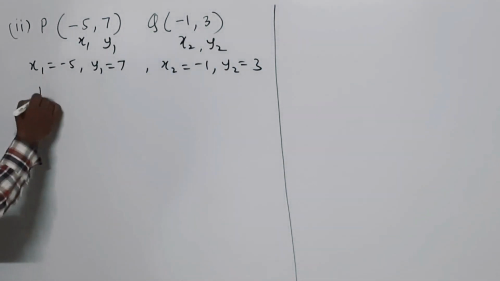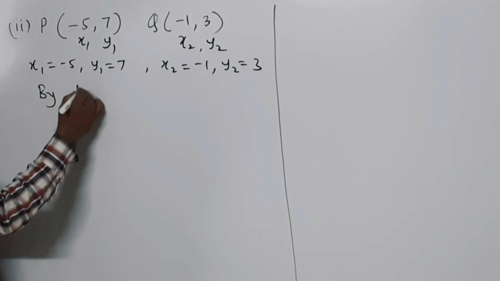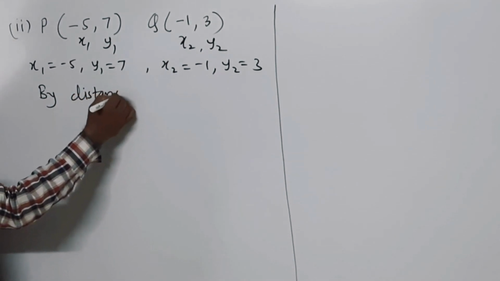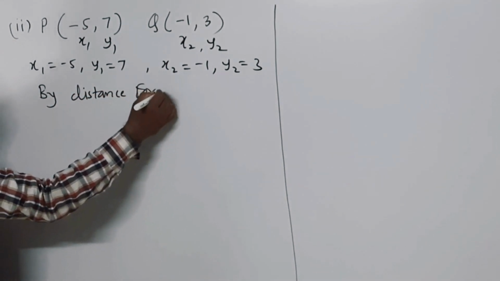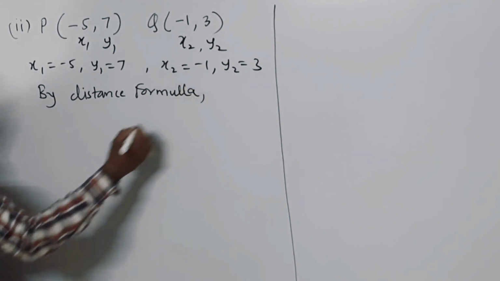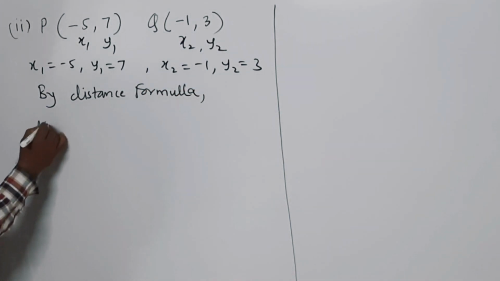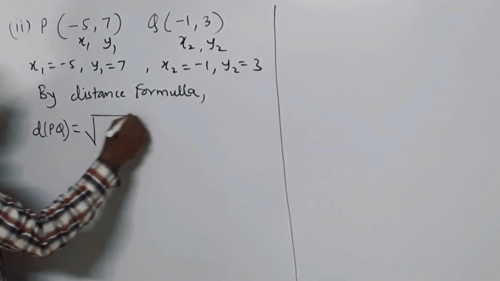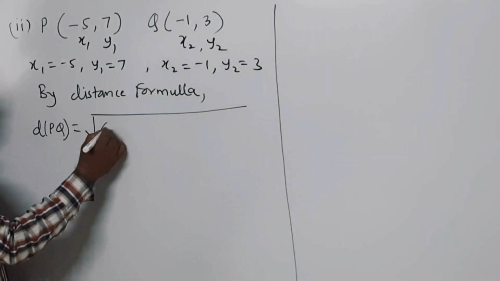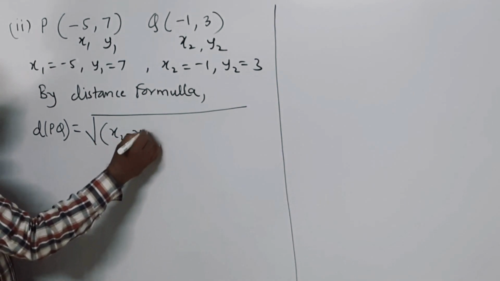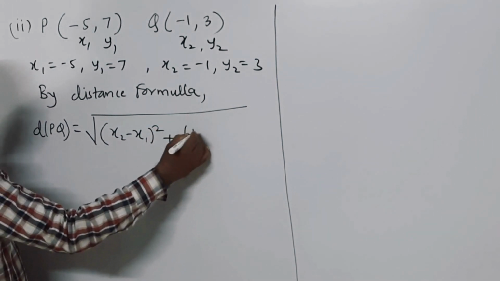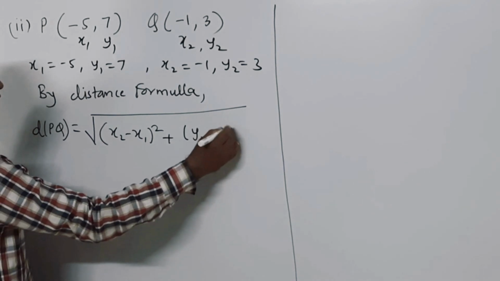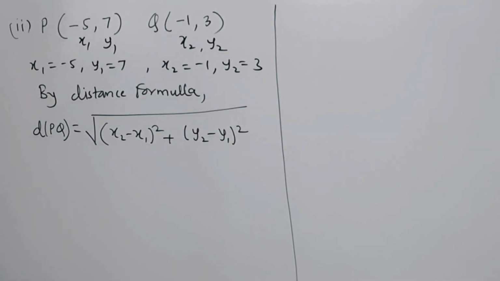So by distance formula, distance PQ is equal to square root of (x2 minus x1) square plus (y2 minus y1) square.